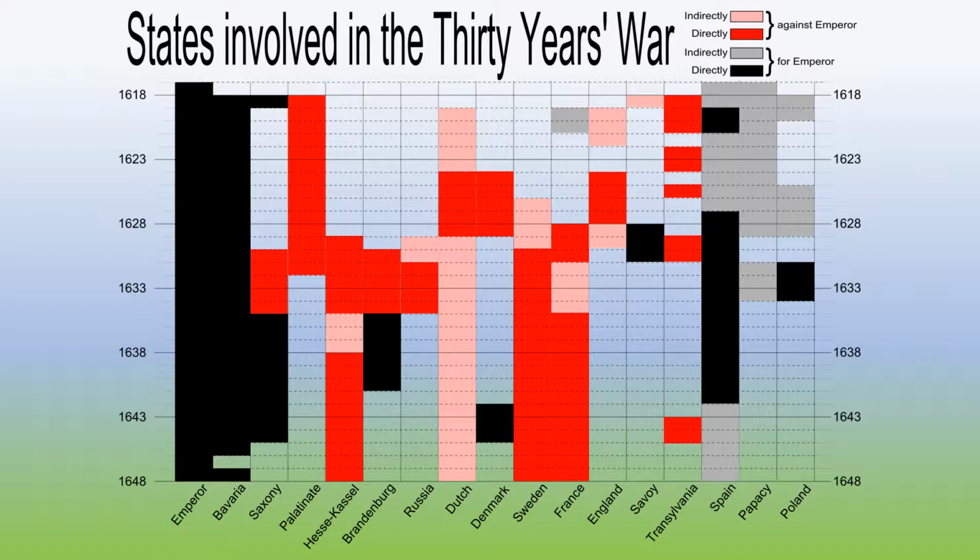Some of those countries I've never even heard of. Saxony, no idea. Where it says emperor, that's talking about the emperor of the Holy Roman Empire. Another one down there toward the other end is papacy. That's talking about the Pope and the Vatican.